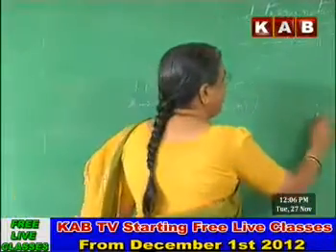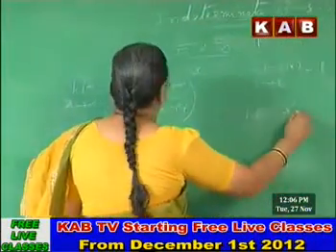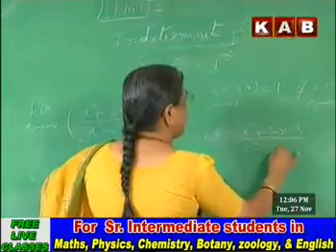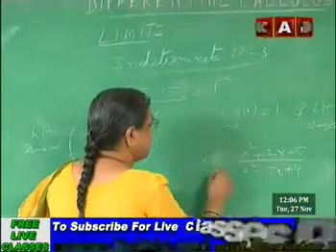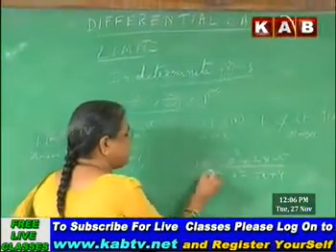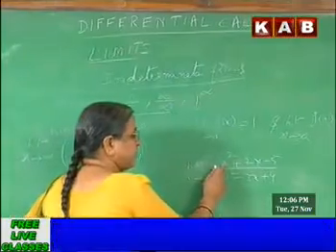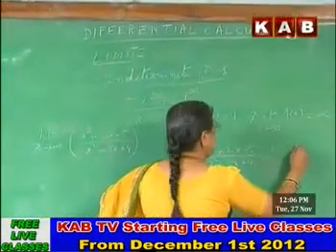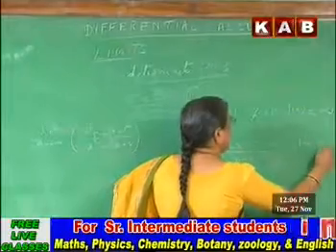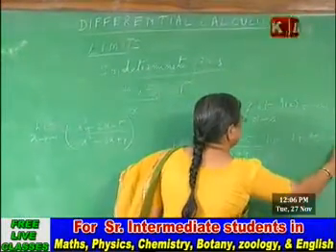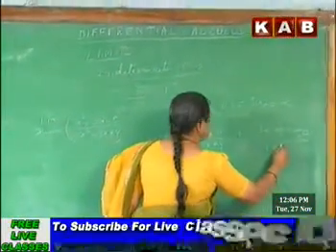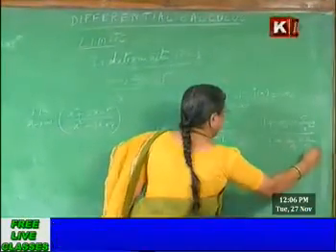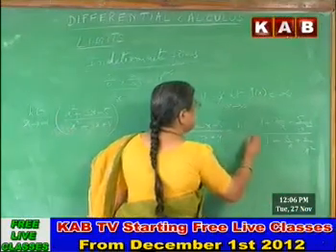Because we know limit of (x square plus 2x minus 5) by (x square minus 3x plus 4) as x tends to infinity, when x is tending to infinity, we have to divide with the highest power of x. So this comes out to be limit of (1 plus 2 by x minus 5 by x square) by (1 minus 3 by x plus 4 by x square) as x tends to infinity.